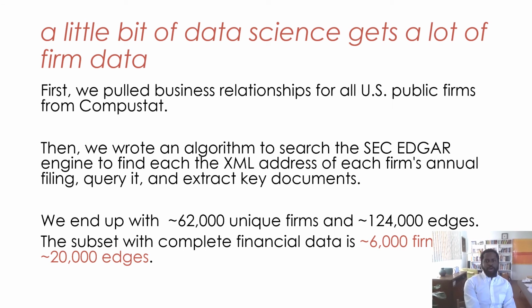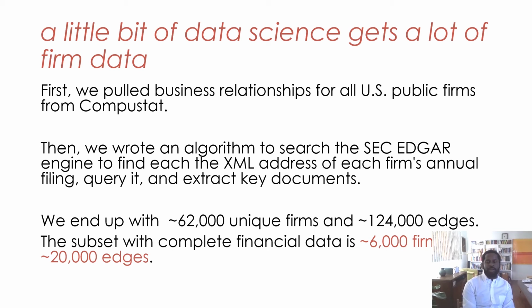And so we went about this in a somewhat similar way to the past folks, but with a lot more data science. We pulled business relationships first from all public companies, looking at it from Compustat. That was our first idea, and actually, sorry, that's the Barrot and Sauvagnat approach.